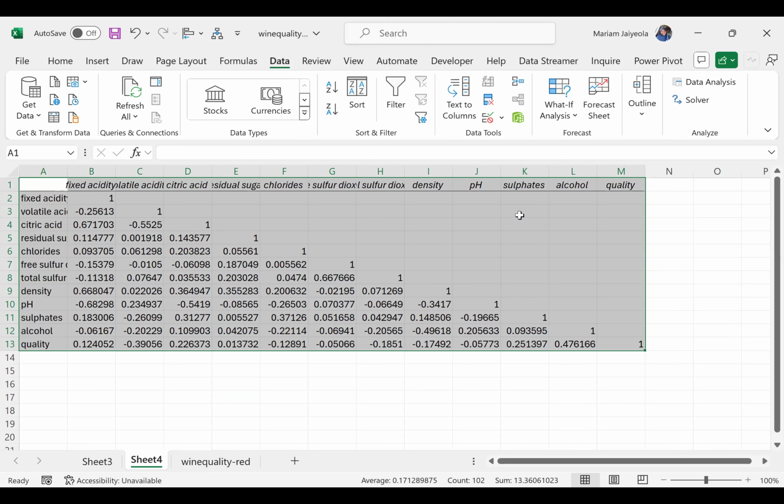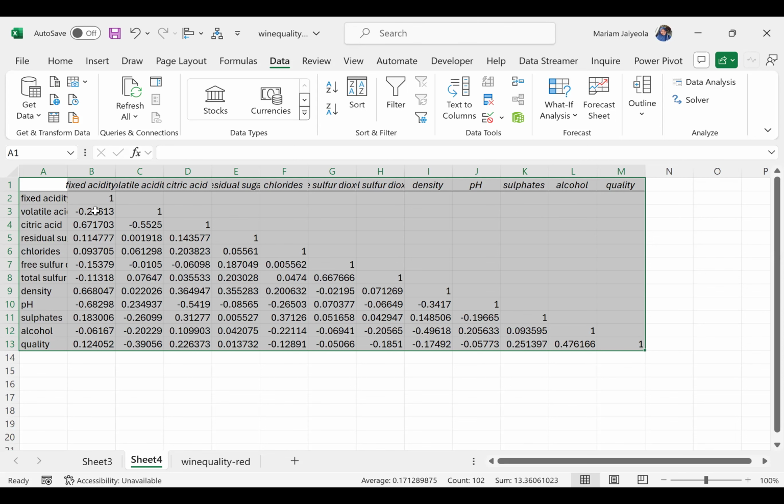From 0.7 upward, there's a strong association between those variables. Less than 0.3, the association is low. Between 0.3 and 0.5, that's a moderate association between those variables.